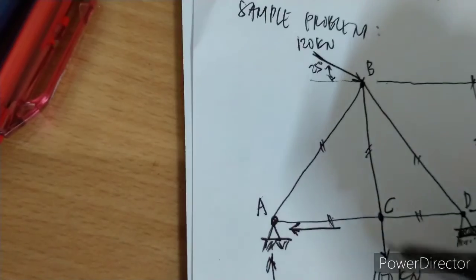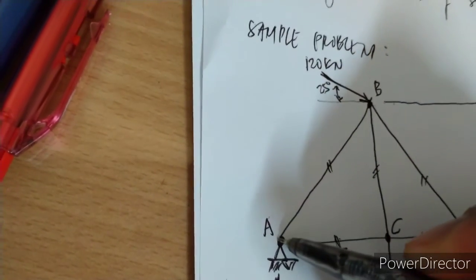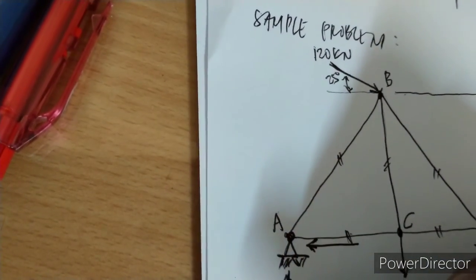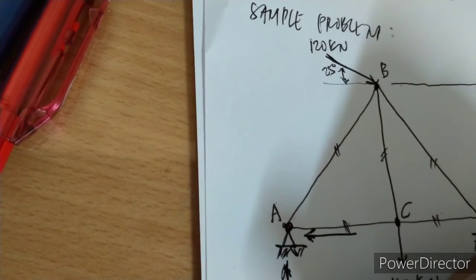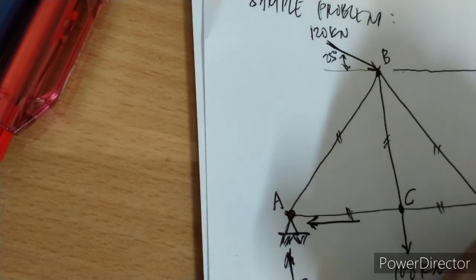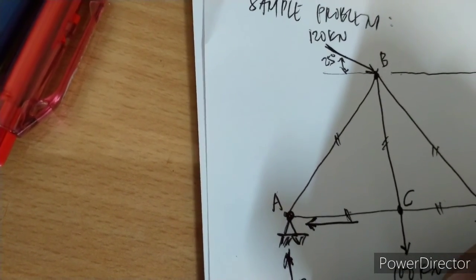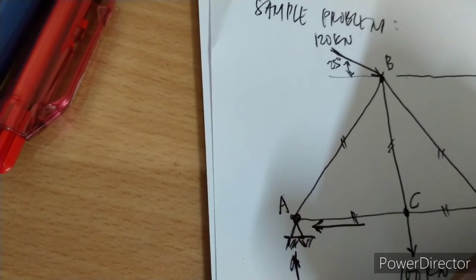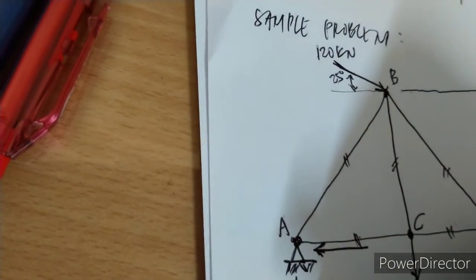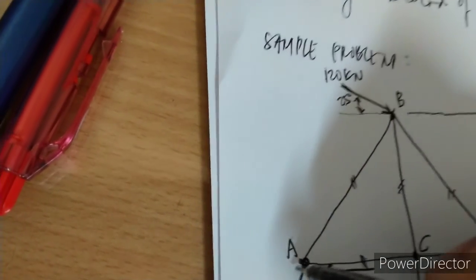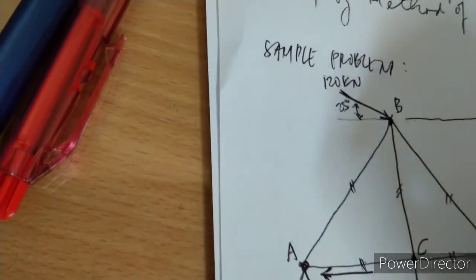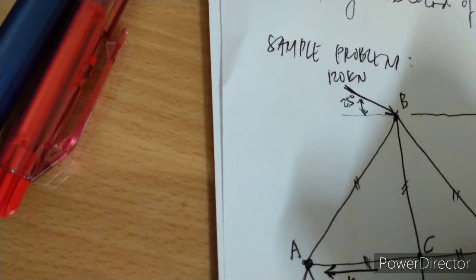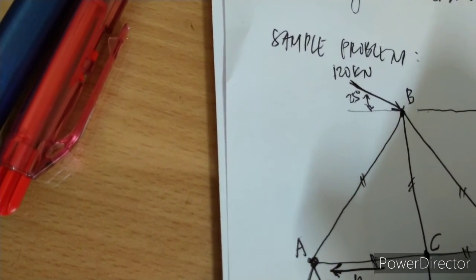Since this is joint A, let's designate the vertical reaction at A and the horizontal reaction at A. Here is the reaction at A acting vertically, and this one is the reaction at A acting horizontally.